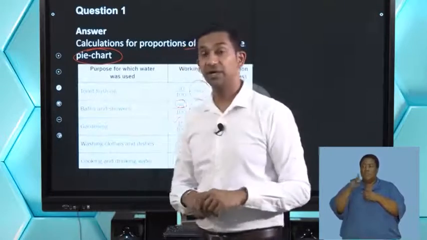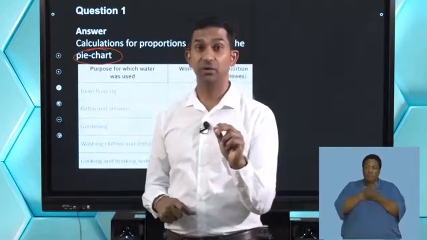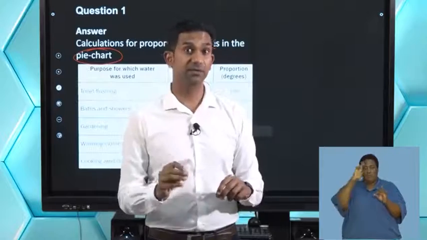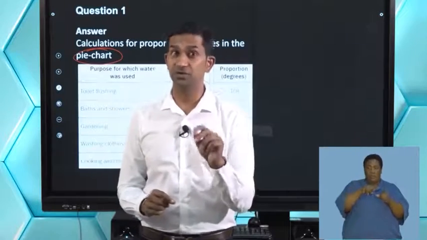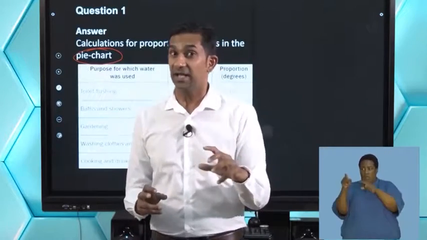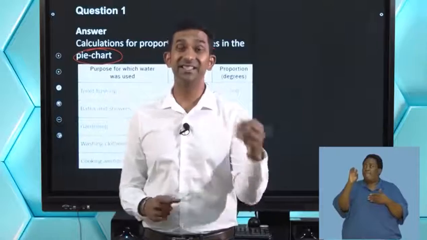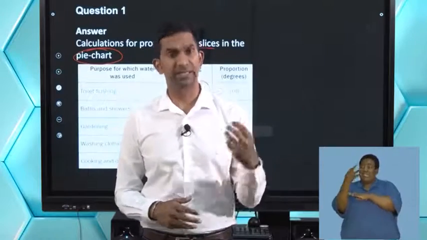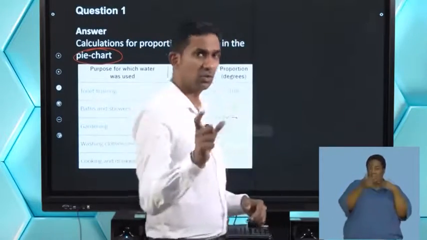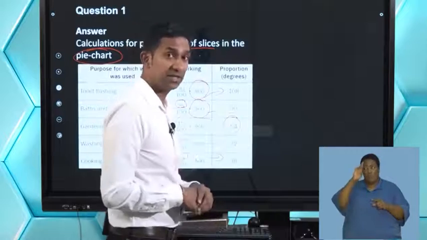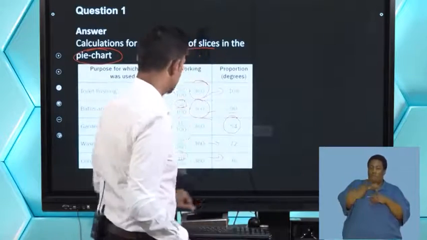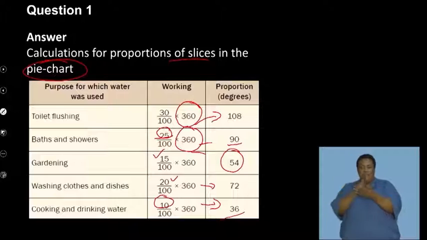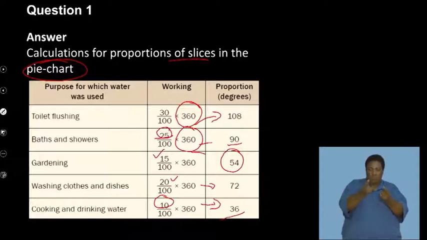And we've got to use our calculator so that we ensure that our calculations are accurate. Remember that we've got to round up or round down to ensure that we don't have the degrees exceeding 360 or being less than 360. So remember to total and use rounding up and rounding off at the end. So add these up to see if they equal 360 so that you have them proportionately correct, and then you plot that into a pie chart.